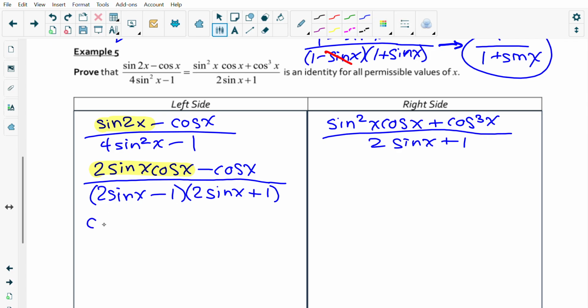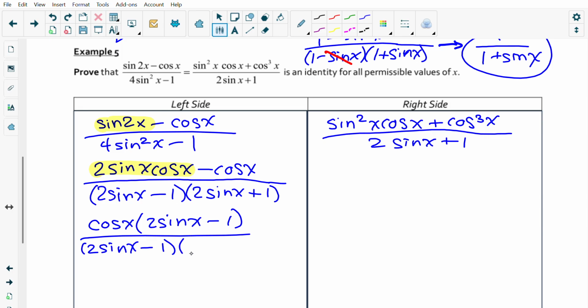Let's see. Well, the numerator, let me factor that further. So that's cosine of x times 2 sine of x minus 1, divided by 2 sine of x minus 1 times 2 sine of x plus 1.